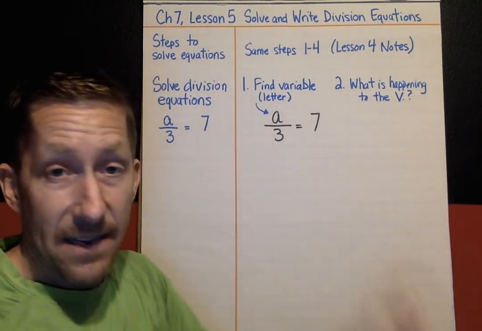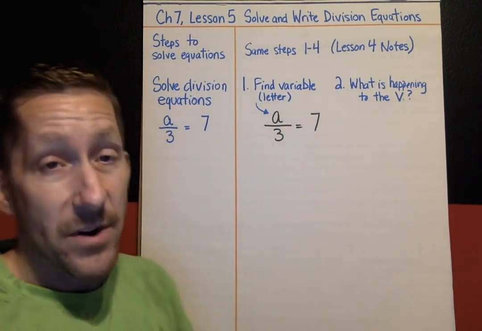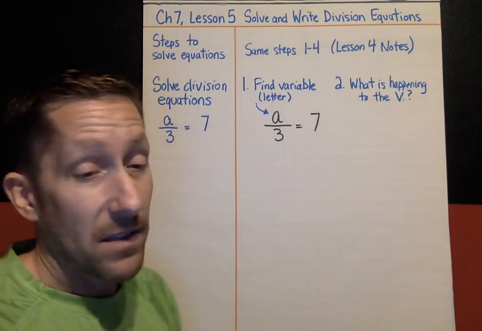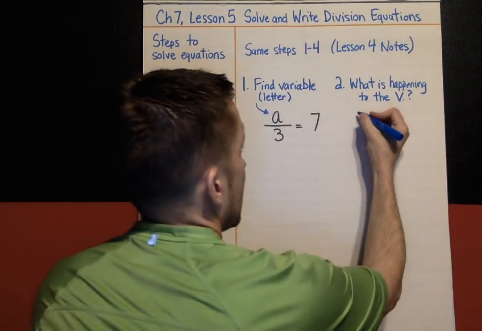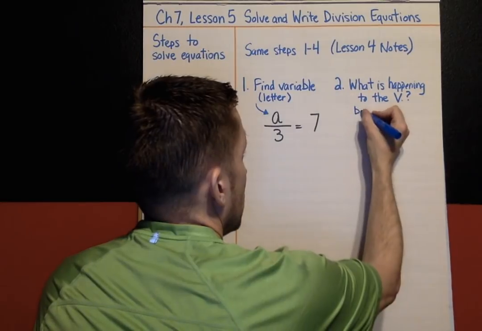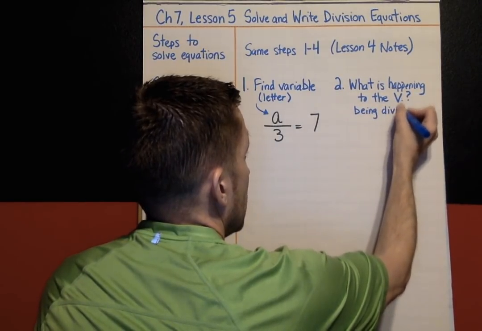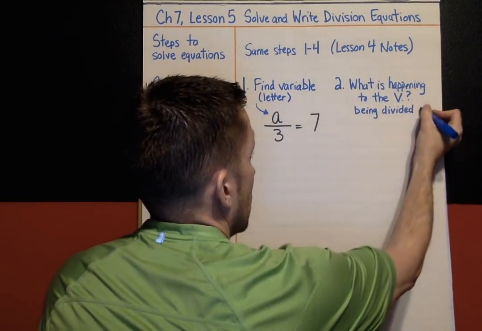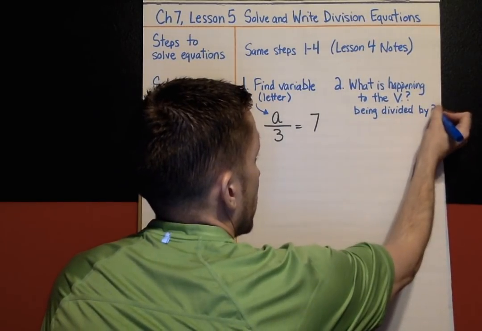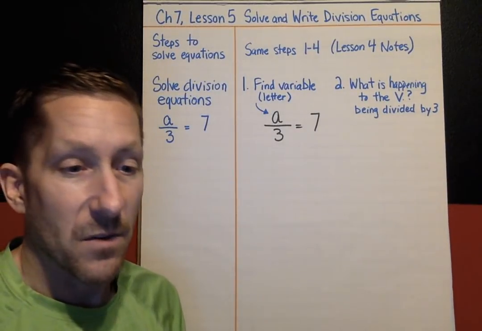Again, that line means divide. A is being divided by 3. That's what's happening to the variable. So I'm going to write that down. What's happening to the variable? Being divided by 3. It's being divided by 3. That's what's happening to it.